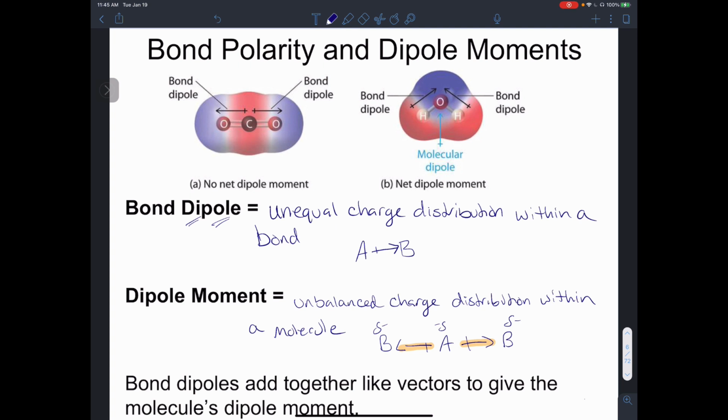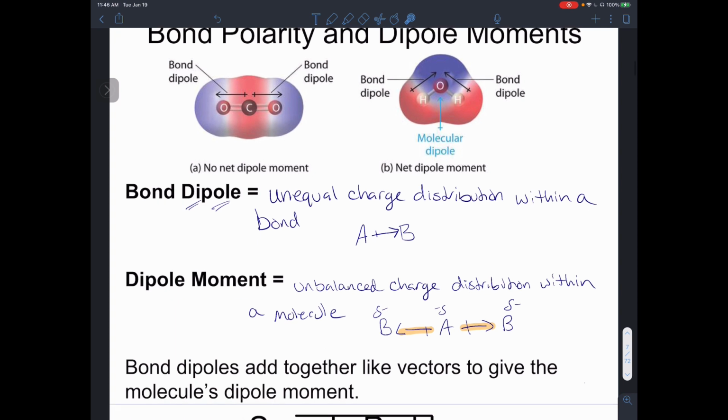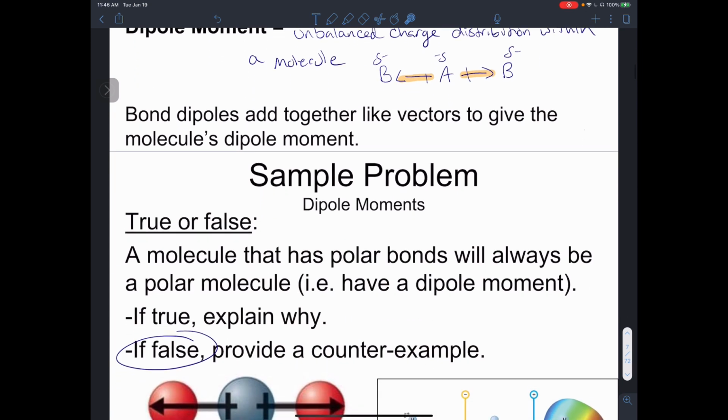So if we put these two ideas together, it's letting us know that you can have a polar bond, but that may not mean that you have a dipole moment within a molecule. We have to sum those bonds together like vectors and see the overall polarity of a molecule.